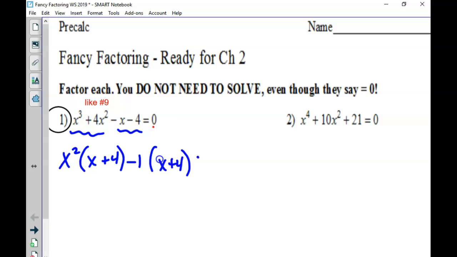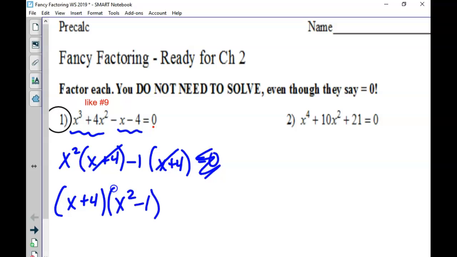Very good. Now, it says you don't need to solve, even though they say equals 0 up here, so I'm just going to ignore that. Now, if I take the x plus 4 out of each of those, left is an x squared minus 1. Is that factored completely?